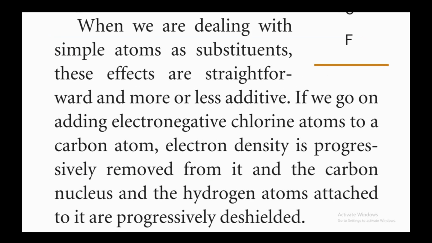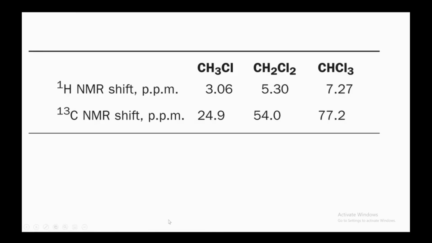When we are dealing with simple atoms as substituents, these effects are straightforward and more or less additive. If we go on adding electronegative chlorine atoms to a carbon atom, electron density is progressively removed from it, and the carbon nucleus and the hydrogen atoms attached to it are progressively deshielded. For example, there are 3 hydrogens, 2 hydrogens, and 1 hydrogen.